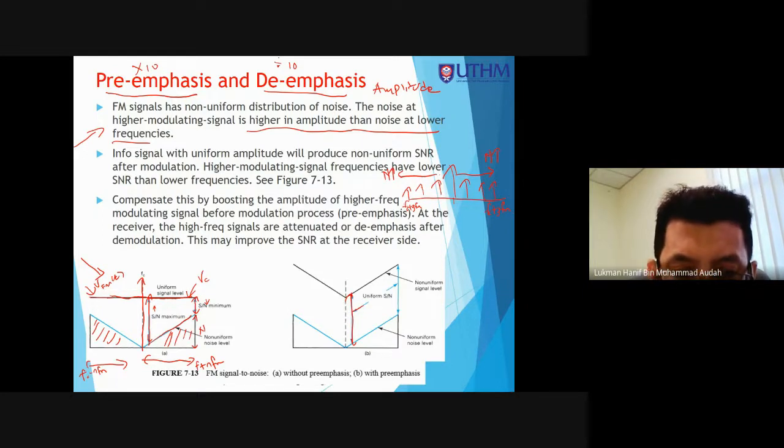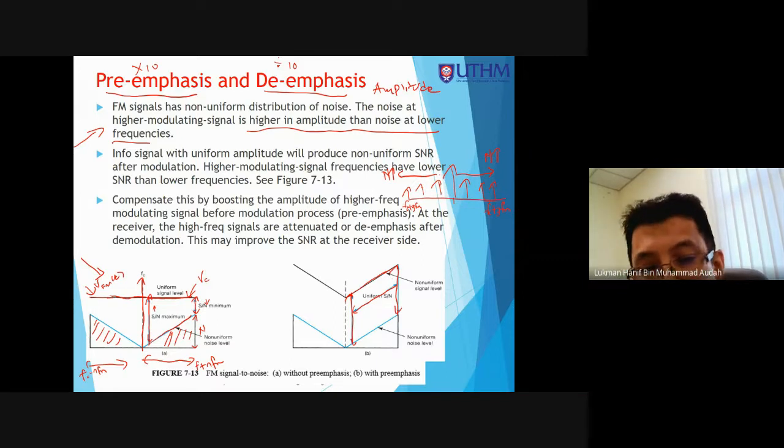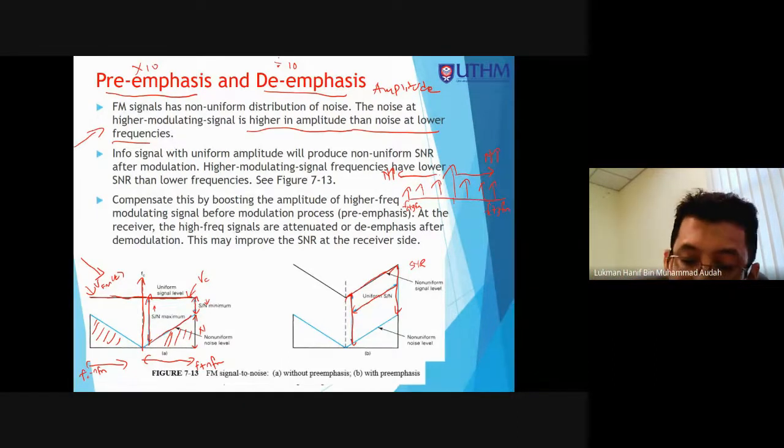Maknanya kalau kita menggunakan nilai modulating signal frequency yang lebih besar, kita perlu gandakan signal itu pada kadar yang lebih besar, supaya target kita adalah mencapai uniform SNR. Nanti you akan lihat contoh yang mana pada nilai modulating frequency yang tinggi, we can achieve better SNR. So the goal here is to achieve better SNR.